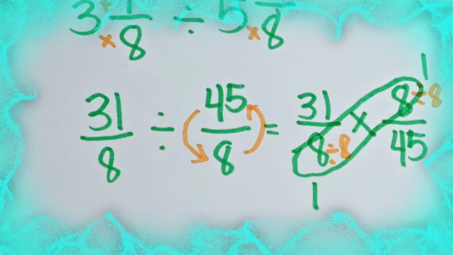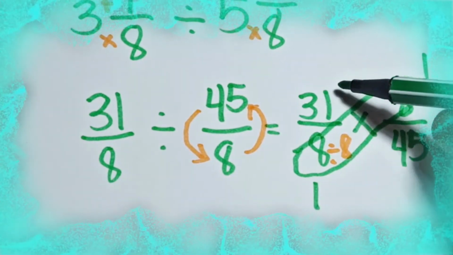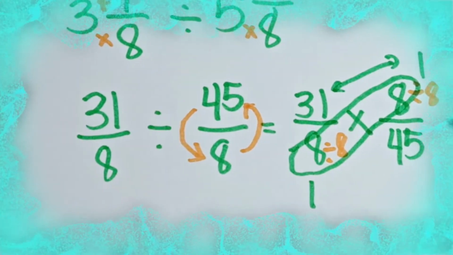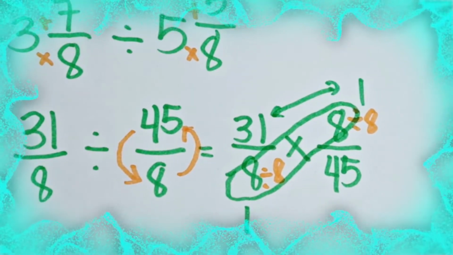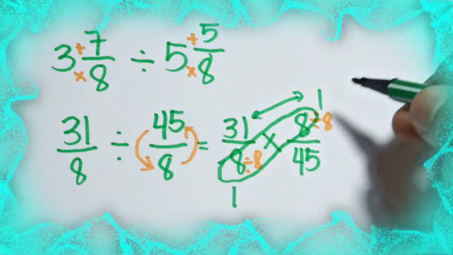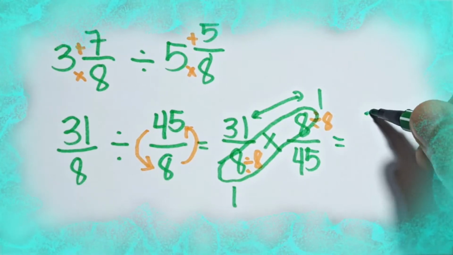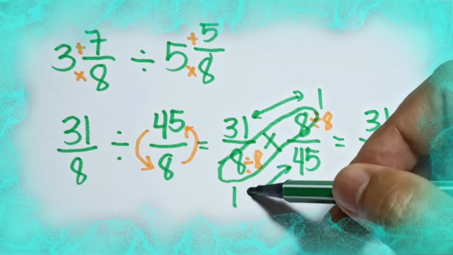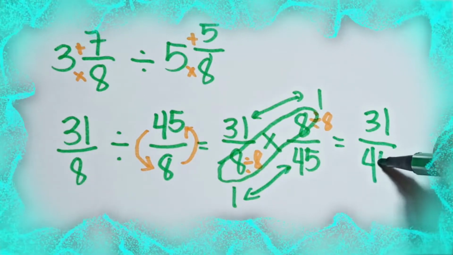So all you have to do is 31 times 1. 31 times 1 is equal to 31 over 1 times 45 is 45.